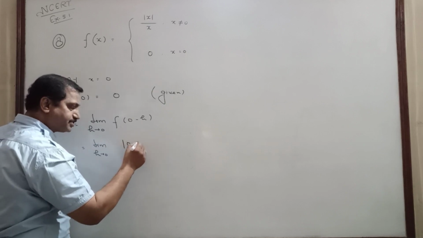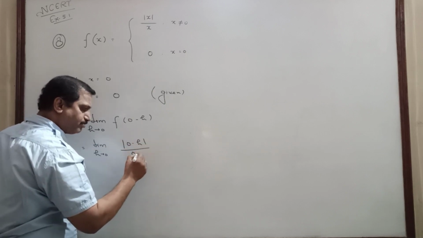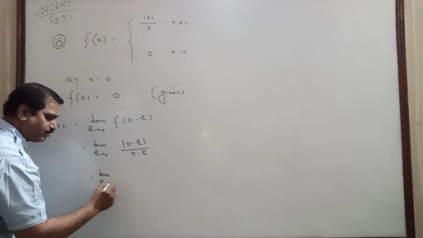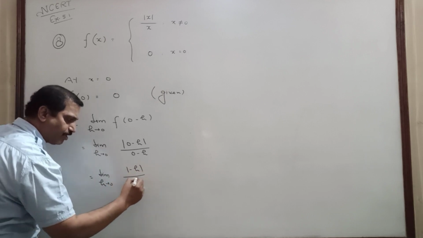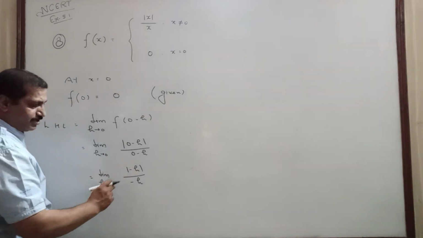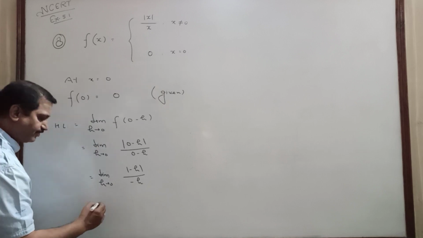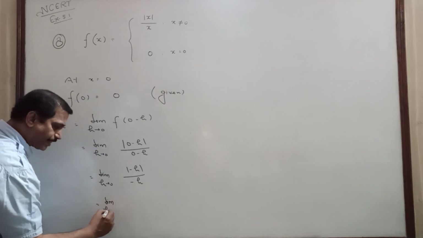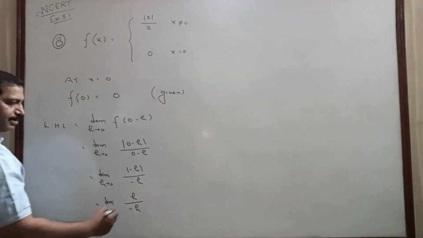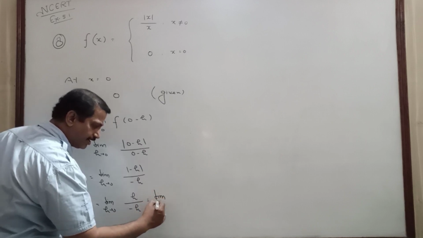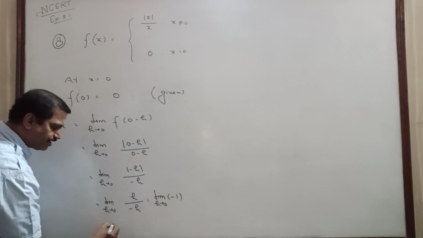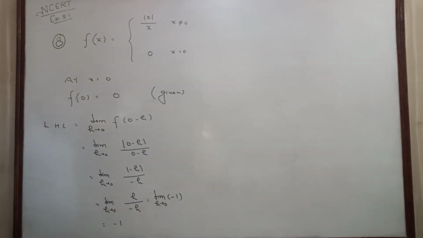That means mod of (0 minus h) upon (0 minus h), limit h tending to 0 mod of minus h upon minus h. Since h is positive, minus h will be negative and its mod will be plus h upon minus h. That means limit h tending to 0 of minus 1. Taking limit, we get minus 1.